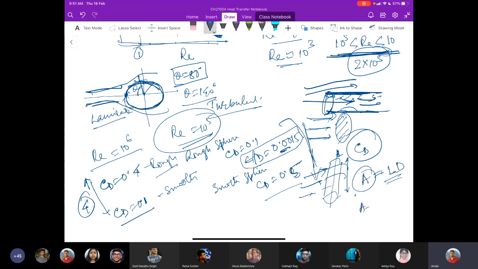For the sphere, this A would be pi d square by 4, the projection of the area on which the drag force is acting.